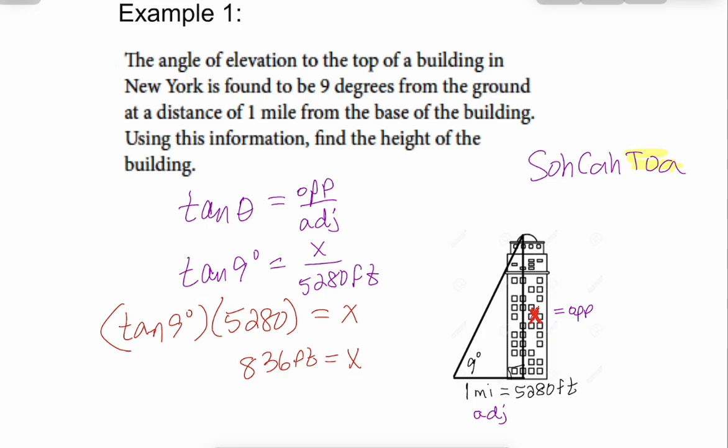So they're not super difficult per se. What I found is that it's just about setting it up right and finding the triangle that belongs with it. Everyone okay with example 1? So there is your first example.